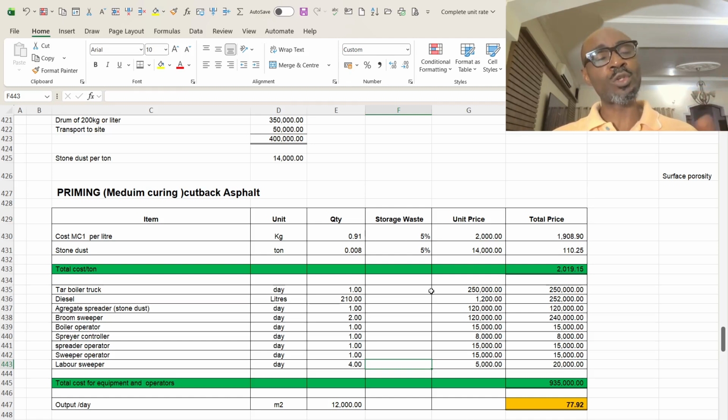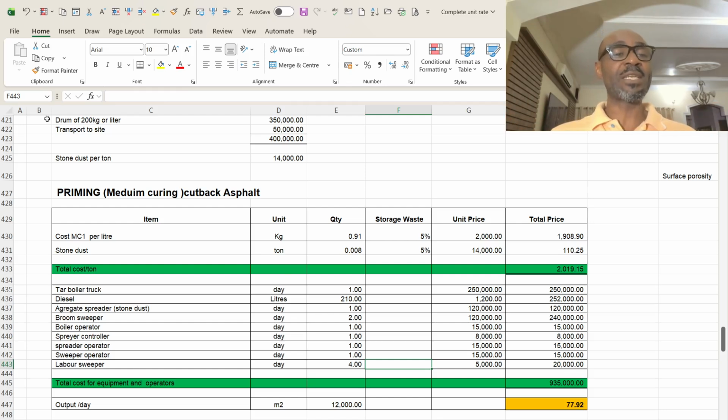In road construction, material and equipment take the larger chunk of the amount, while labor is minimal. The cost of labor in road construction is very small compared to material and equipment. So we are going to be dissecting the two major components to see where the actual cost is.